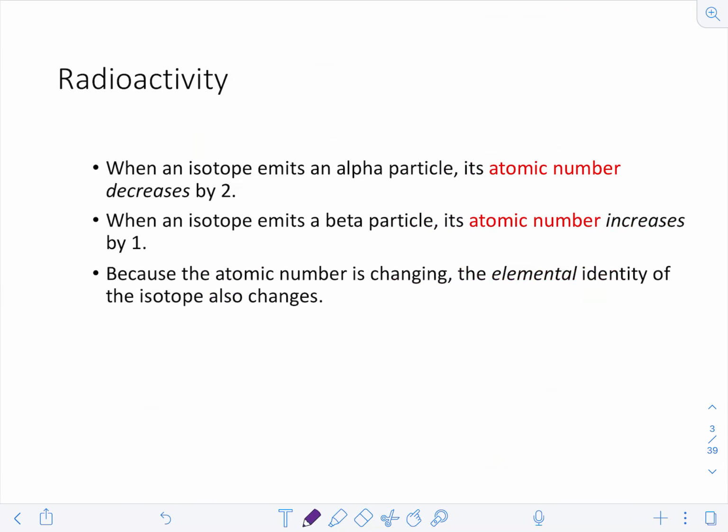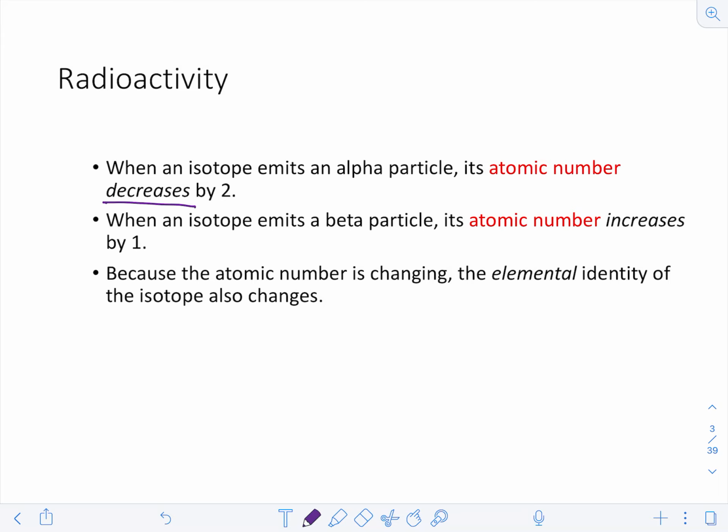Okay, so we're going to look at radioactivity reactions, and please remember that there's a difference between beta and alpha emission. When we're talking about alpha, we actually see a decrease in atomic number. So the element that is shedding alpha particles goes down by 2 atomic numbers.